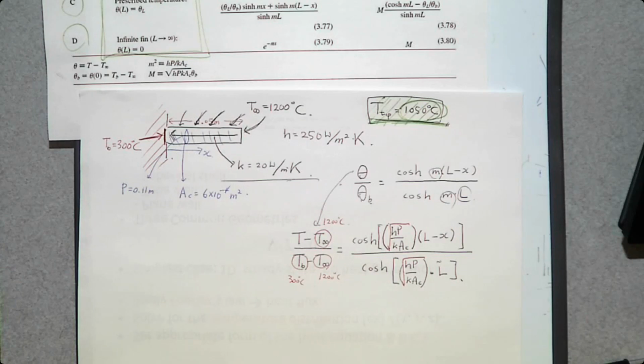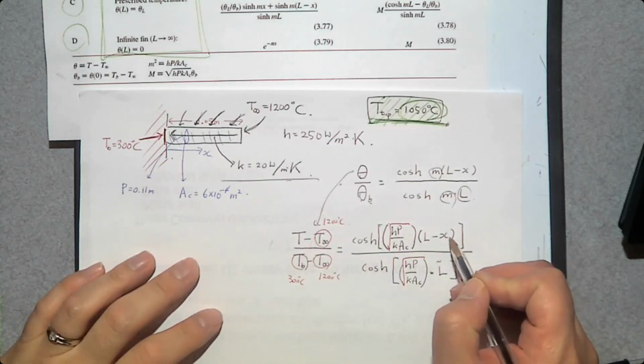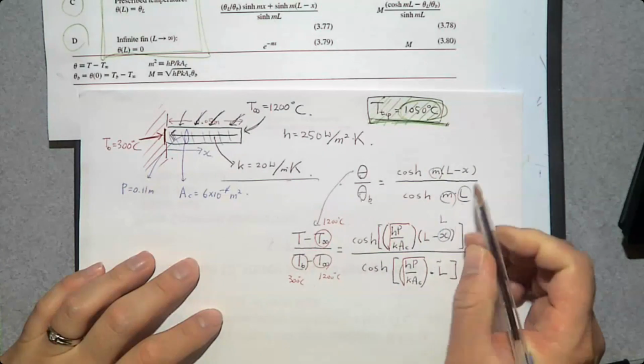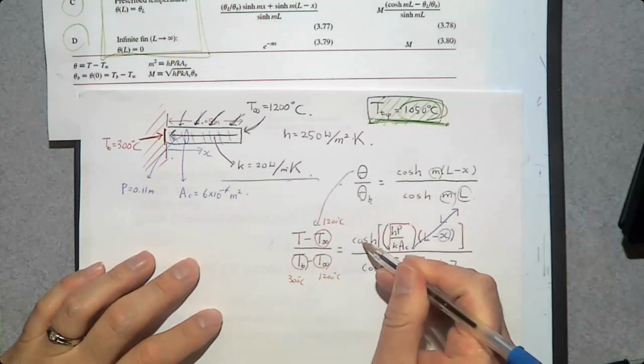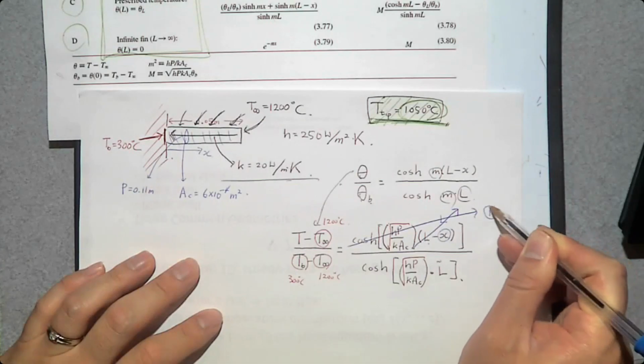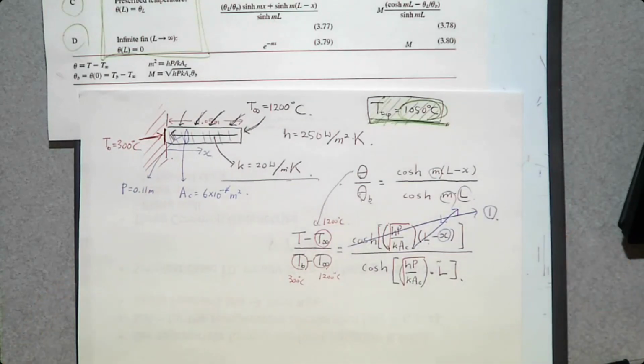So x is going to be L. L minus L is going to be 0. What is cosh 0? 1. But by the way, this is not cosine. It's a hyperbolic cosine, cosh. You may want to read the manual of your calculator and make sure you know how to determine this cosh.